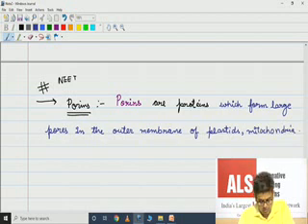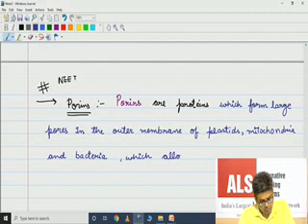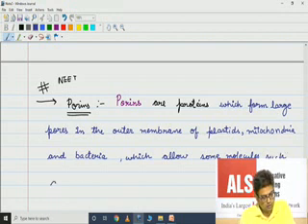Mitochondria and bacteria, which allow some molecules such as small proteins to pass through. Look, protein is a very large molecule normally.